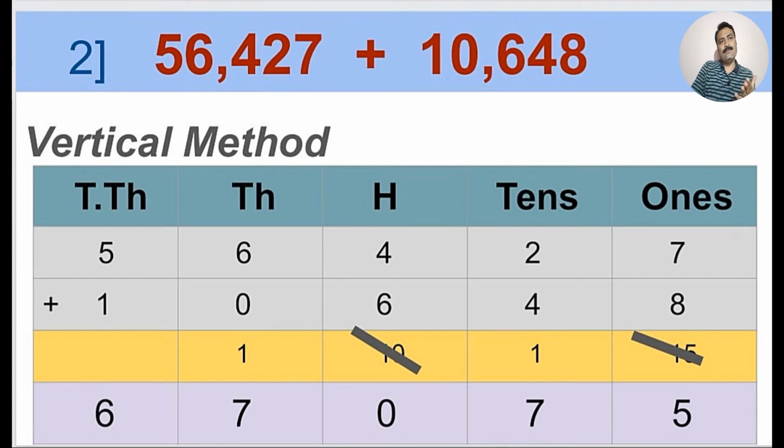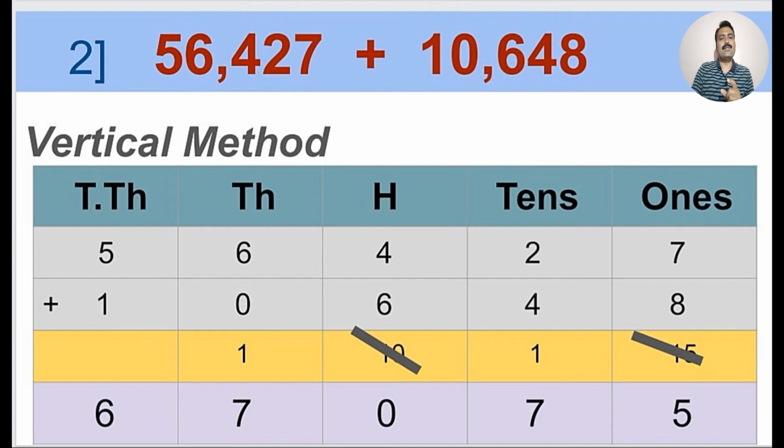Thereafter when we move towards the 100 column here, we observe two digits there, 4 plus 6, so 4 plus 6 we get 10, so 10 is a two digit number, so for 10 we write 0 into the main answer and 1 taken as a carry into the next column, that is at 1000 there.